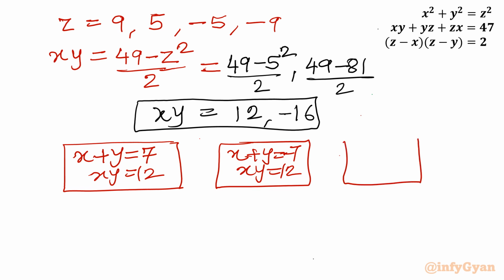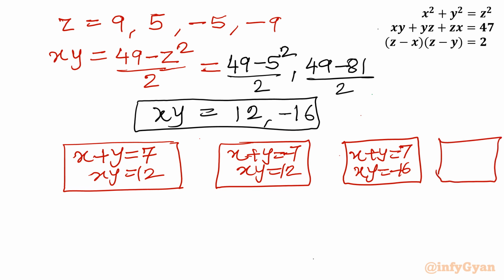Third system of equations: x + y = 7, xy = −16. And the fourth system of equations: x + y = −7 and xy = −16. Now we have to solve all 4 systems of equations to find our complete solution set.